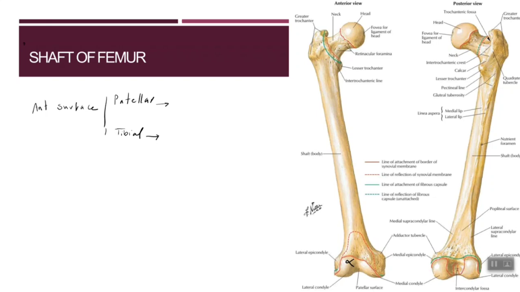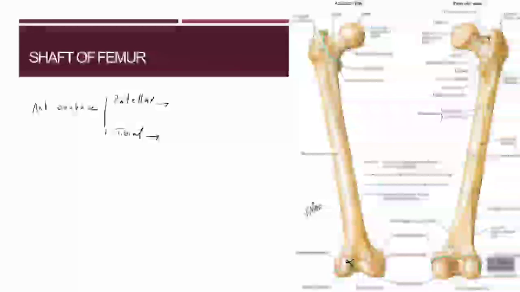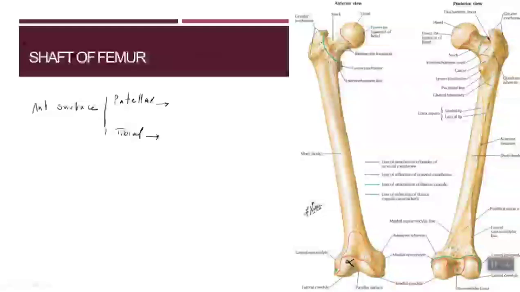You can see here, it extends from the inferior to the posterior surface. You can see more of this area than here. This is the posterior surface, extended from the inferior to the posterior surface.